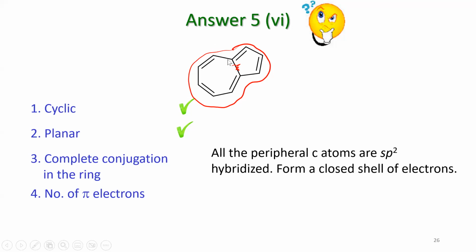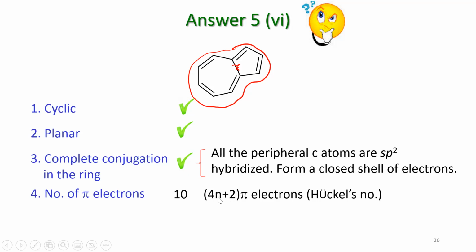Now you can see the outer ring has a conjugated double bond system. All the peripheral carbon atoms are sp2 hybridized and form a closed shell of electrons. What is the number of pi electrons? 1, 2, 3, 4, 5 pi bonds, meaning 10 pi electrons.